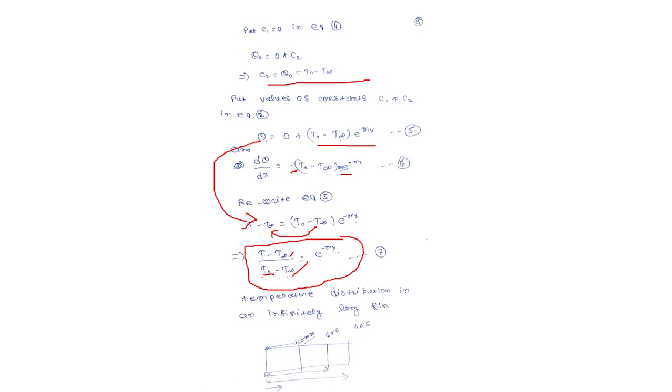Now if we know the input temperature, and m is a constant, √(hP/kA), these are all constant parameters. So by applying this length x, we can get the temperature at a particular distance. So this is case 1.